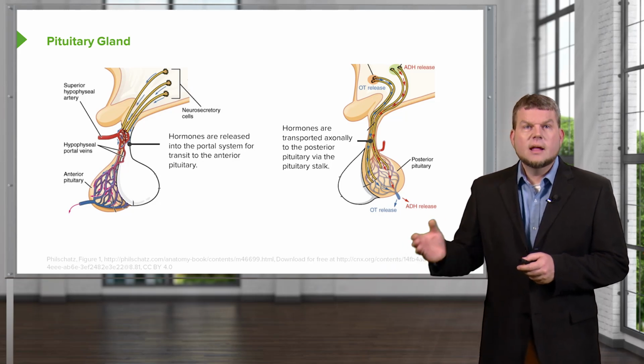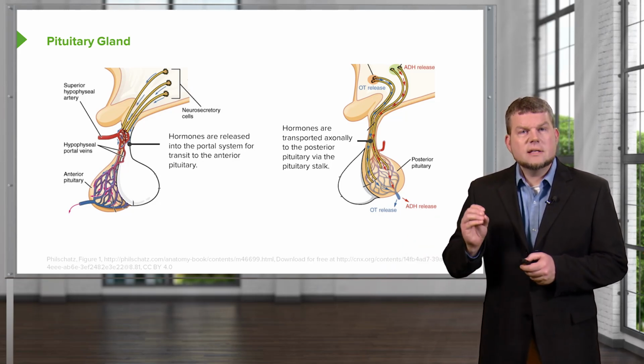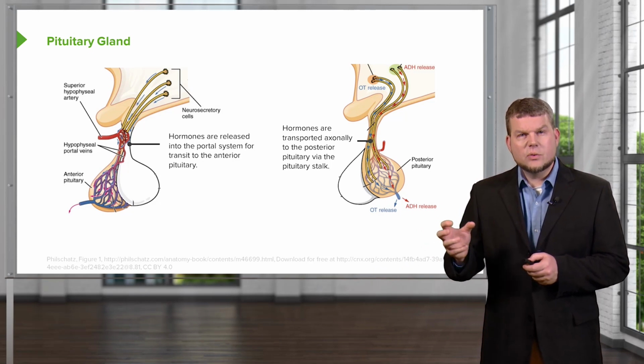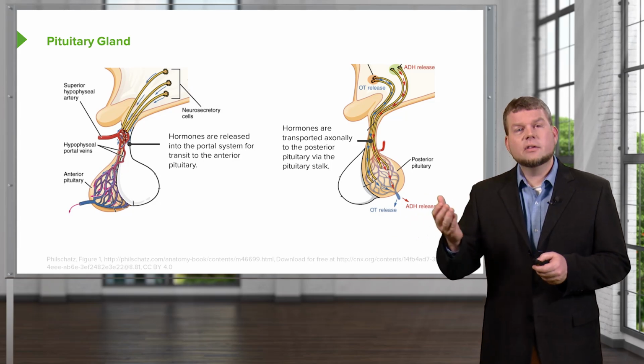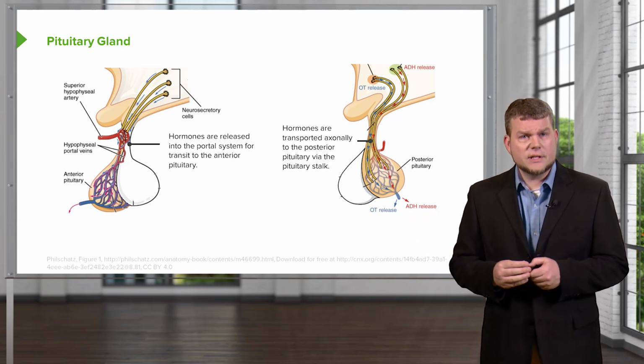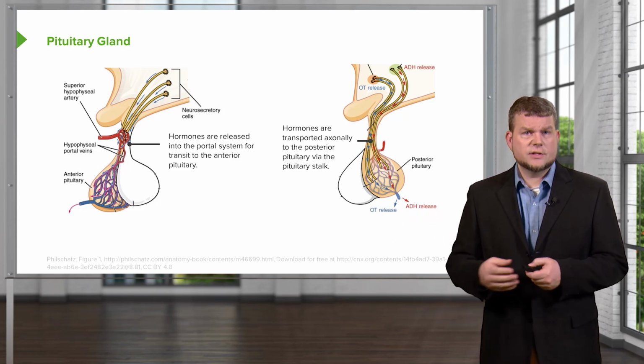hormone. Let's talk now through what are the cells that the anterior pituitary has, and what are those trophic hormones that are going to cause the anterior pituitary cells to release their substance.